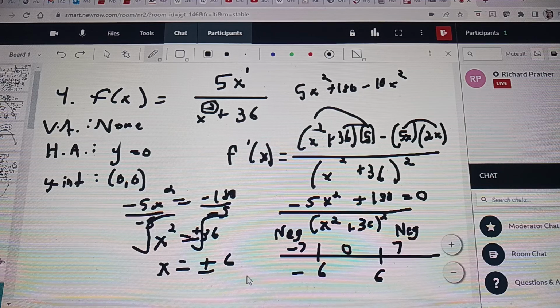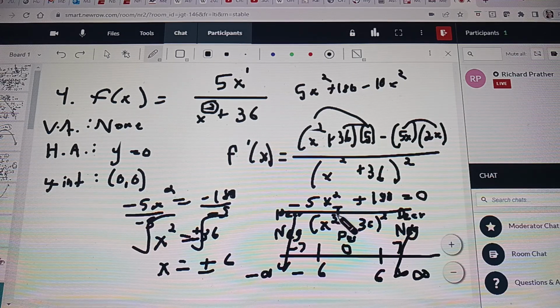So that means from -infinity to -6, you're decreasing. From 6 to infinity, you're decreasing. If I plug 0 in, this part will disappear. The top will just be 180. And the bottom is going to be 36 squared, which is positive. It's definitely positive when you plug 0 in.